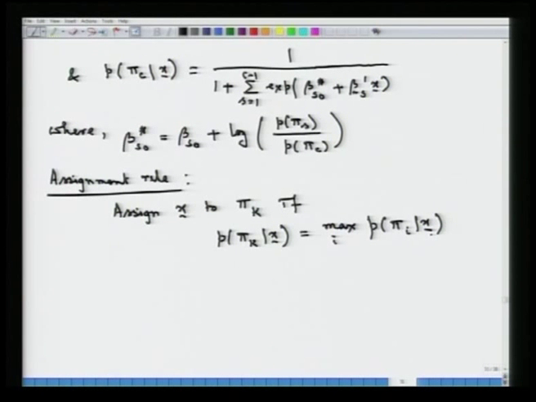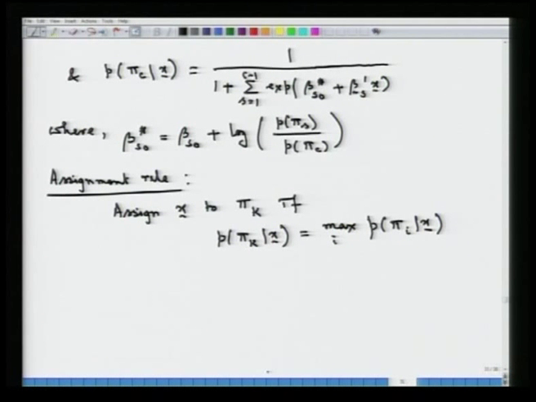So, this is the classification rule. We assign x to pi k if this is true. Once again, this can be expressed in terms of beta s naught star and the beta s vectors, so one can find it out quite easily.